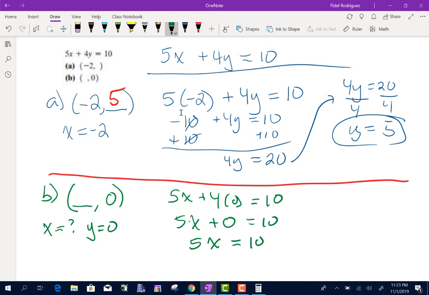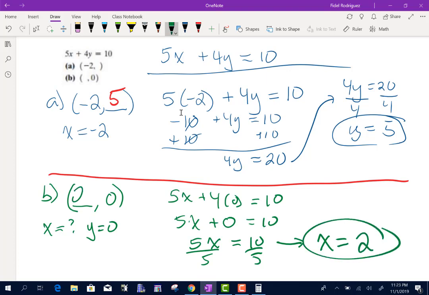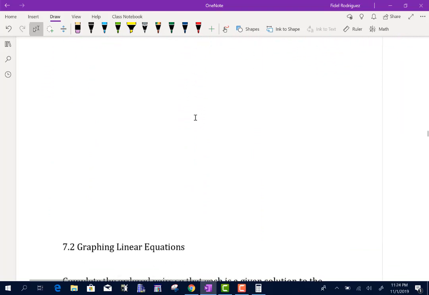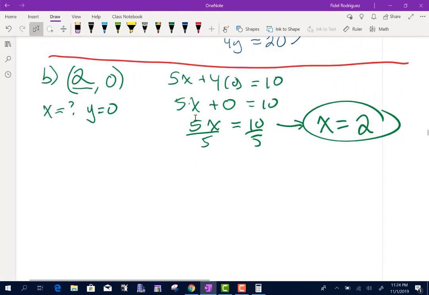When we divide both sides by 5, 5 goes into 10 2 times. So that number there is a 2. And that's all of 7.1.